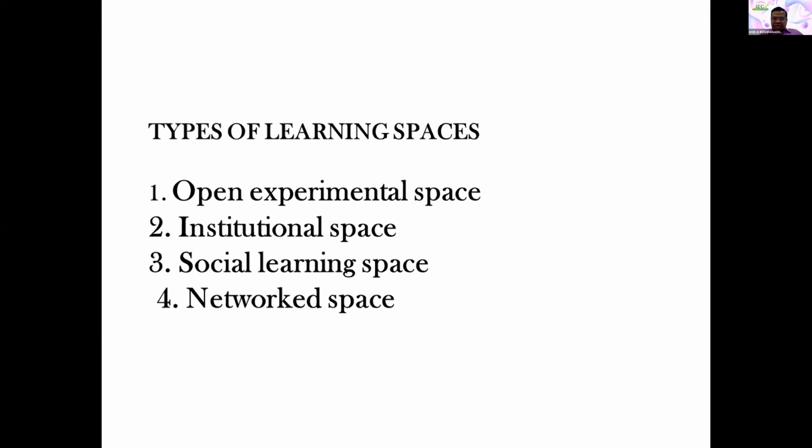We talk about the social learning spaces, where the networking, collaboration, creation of learning communities, and a network space, both physical and virtual. And therefore, we need to break the traditions of creating a normal learning space into a vibrant, dynamic, interconnected learning spaces in our institutions.